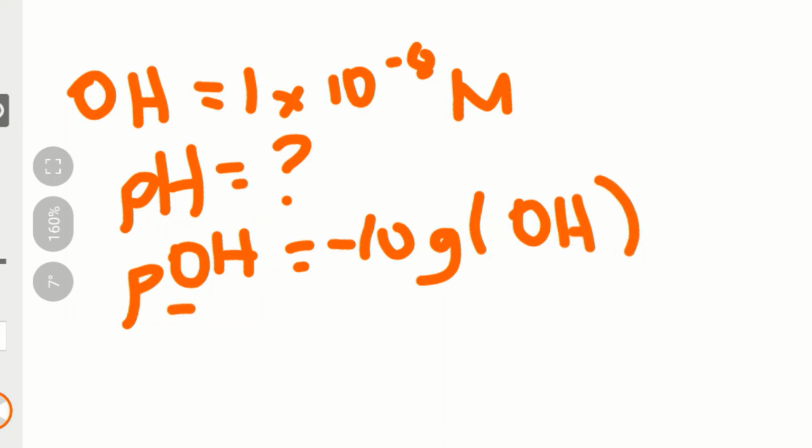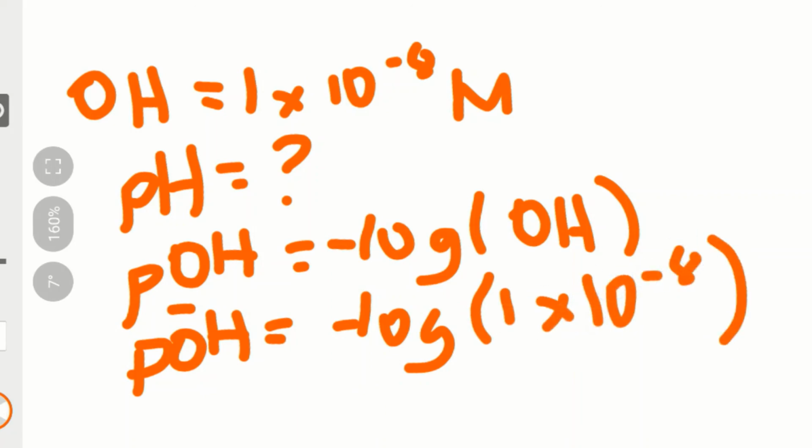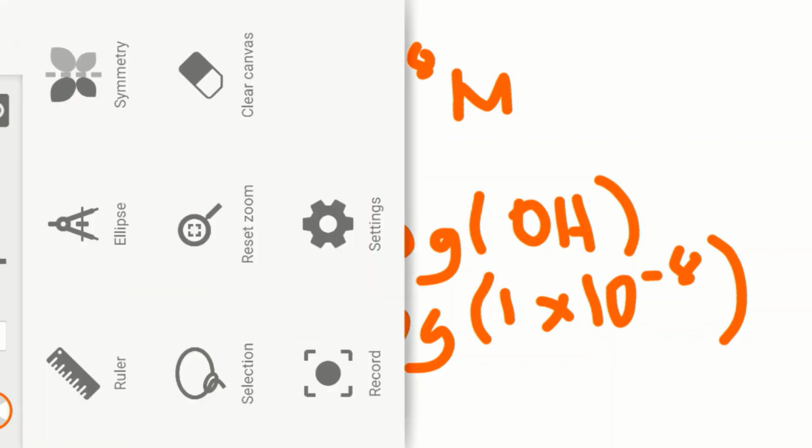So we substitute first: pOH is equal to negative log of 1 times 10 to the negative 8. The answer would be 8. So pOH is equal to 8. But we're not finished because we still have to derive the pH.